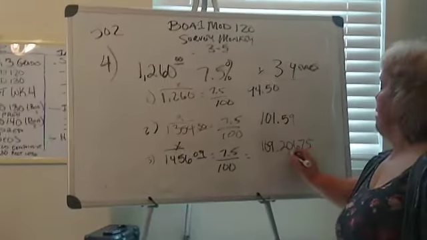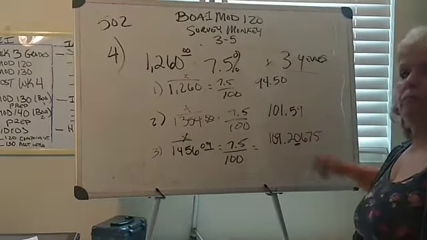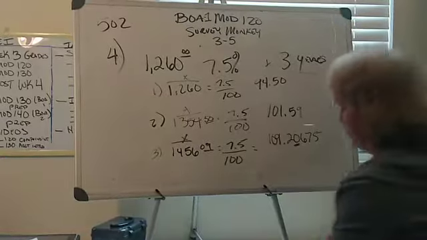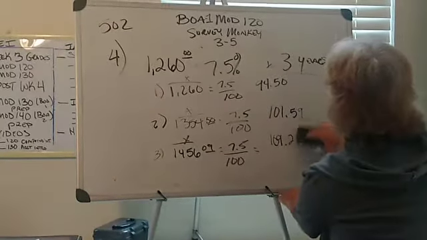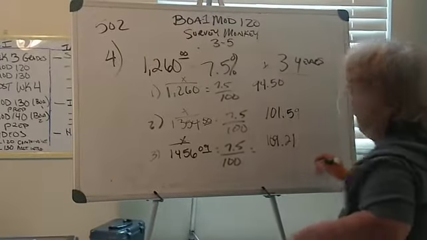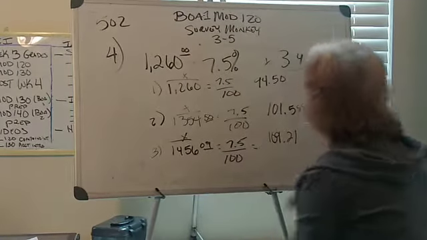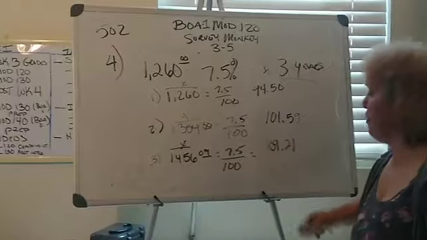Take it to the hundredths spot. This is more than 5, so what happens to that 6? You said it goes up to 7. You are correct. So the interest is 109.27.